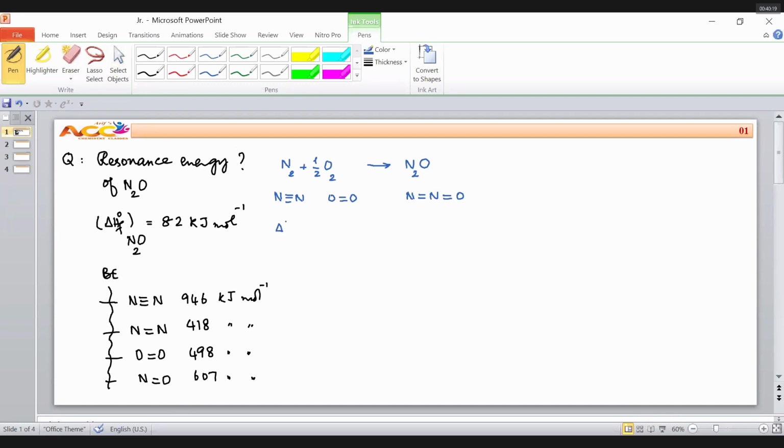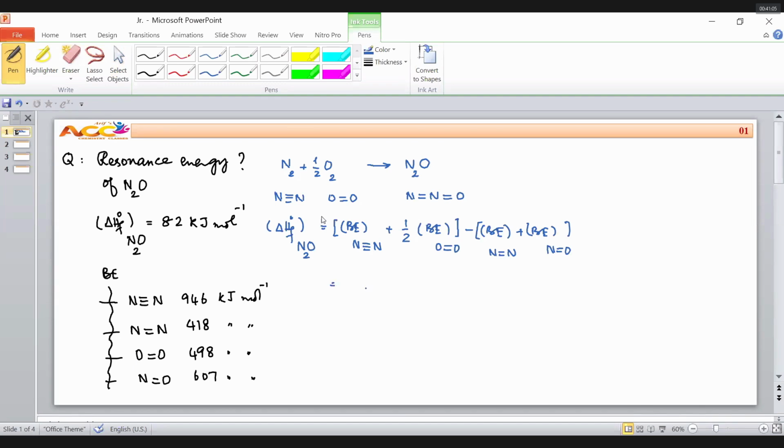Now, enthalpy of formation of N2O, the calculated value or theoretical value, is equal to bond energy of reactants, N triple bond N, plus half times bond energy of O double bond O, minus bond energy of N double bond N, the products, plus bond energy of N double bond O. Yes, that's all.